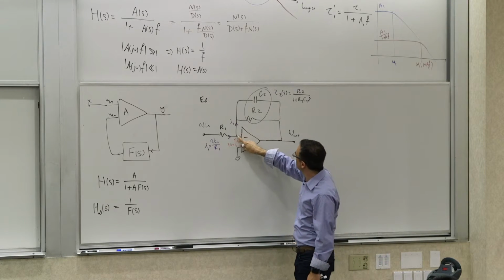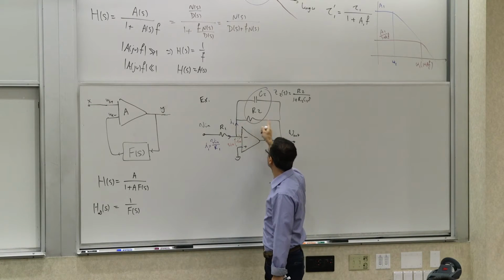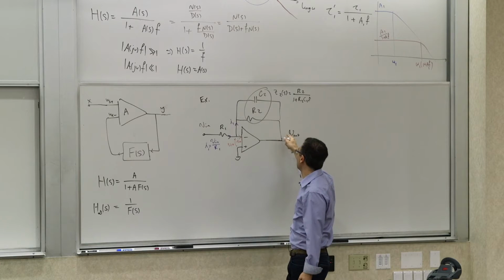And since this voltage is 0, this output voltage is going to be this current times this impedance with a minus sign.